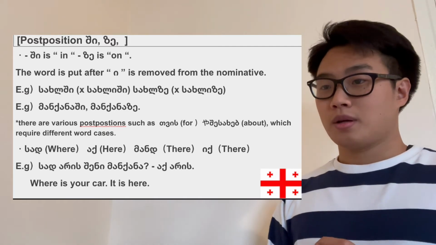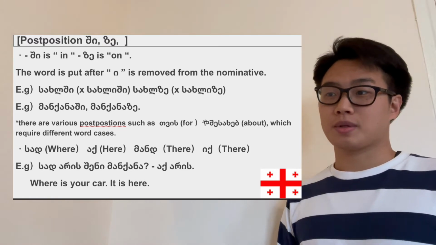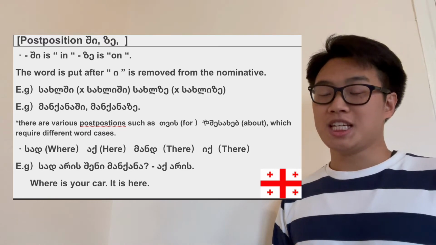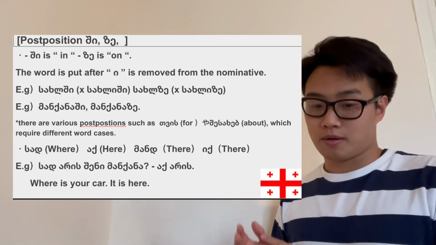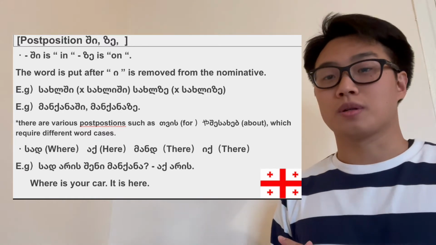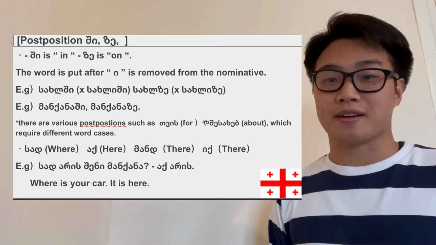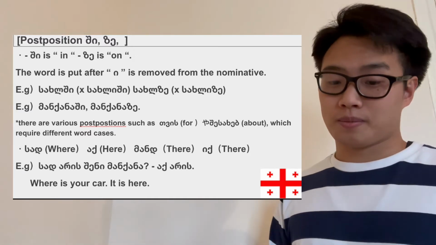The thing is, in Georgian, each postposition requires certain word cases. For example, the postpositions for and about require the genitive case that we've learned before.